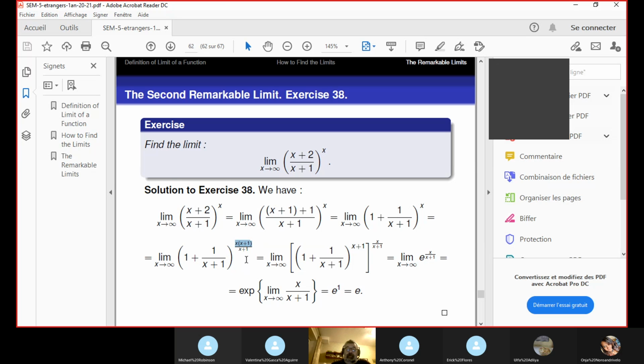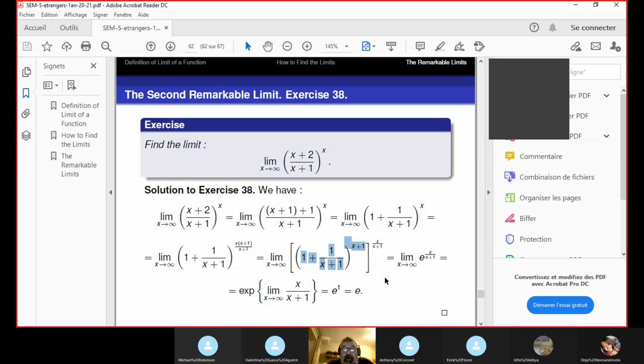Then, you see, I rewrite my limit as 1 plus 1 over x plus 1 to the power x plus 1, and in the square brackets, I have the power x over x plus 1. So, first of all, here in the square brackets, we know that this limit will be e. Yes?